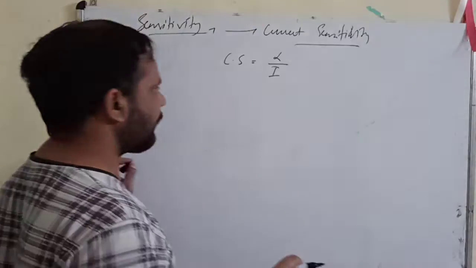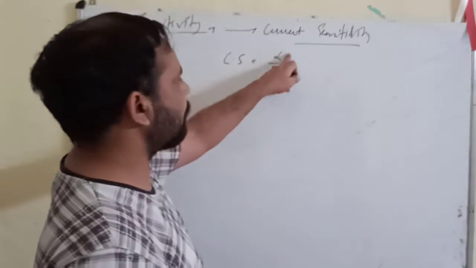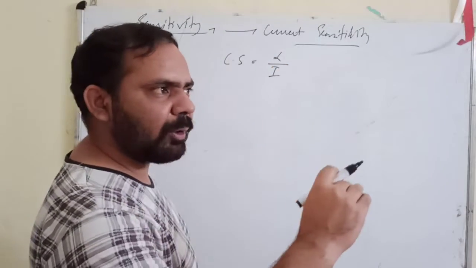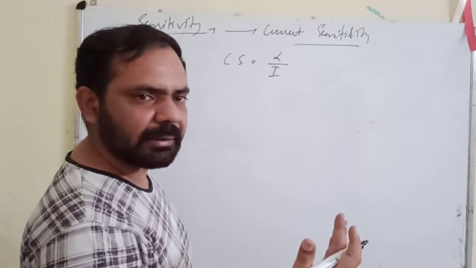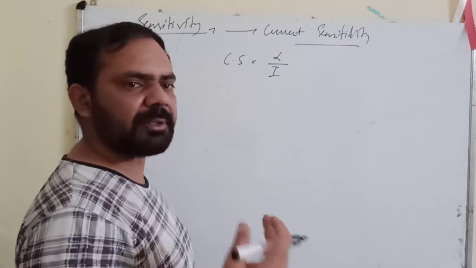If this value is more, that is, for a small change in current you get a large deflection, then it means that the galvanometer is more sensitive.